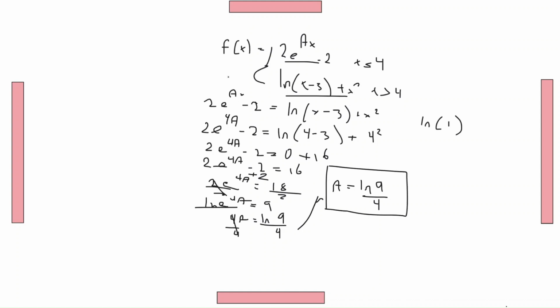So when you get weird problems like this, I know it seems odd, but all you're doing is, they're going to give you a piecewise function, and they're going to ask you to find what makes it continuous, and you're just going to take whatever x value they give you in the piecewise function. So in this case it was 4, and then you're going to plug it into the x value once you set the two equal to one another.